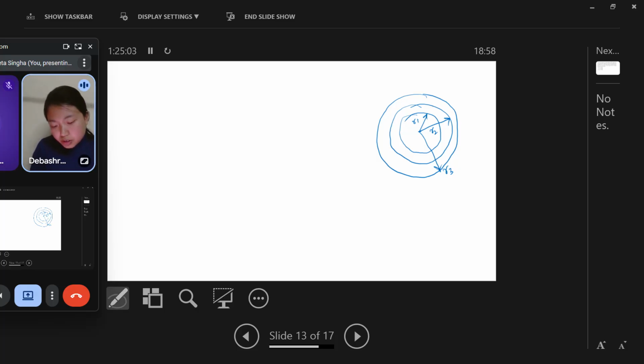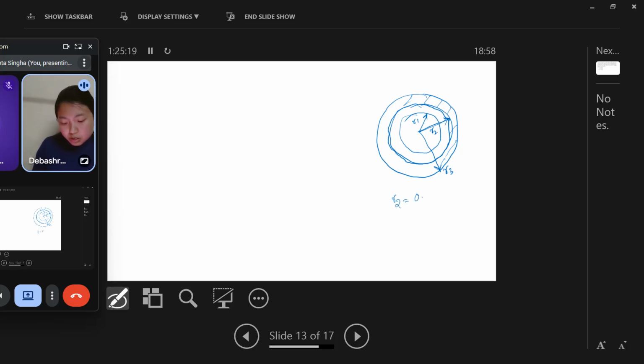So R2 is the spherical tank actually, and R3 is the radius of this outside insulation.